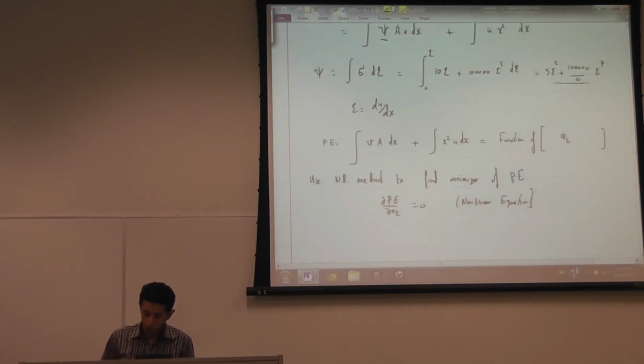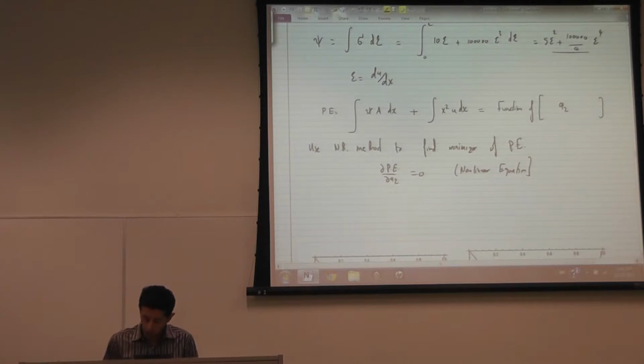Now, if you use higher terms, the potential energy is a function of A2, A3, and so forth.